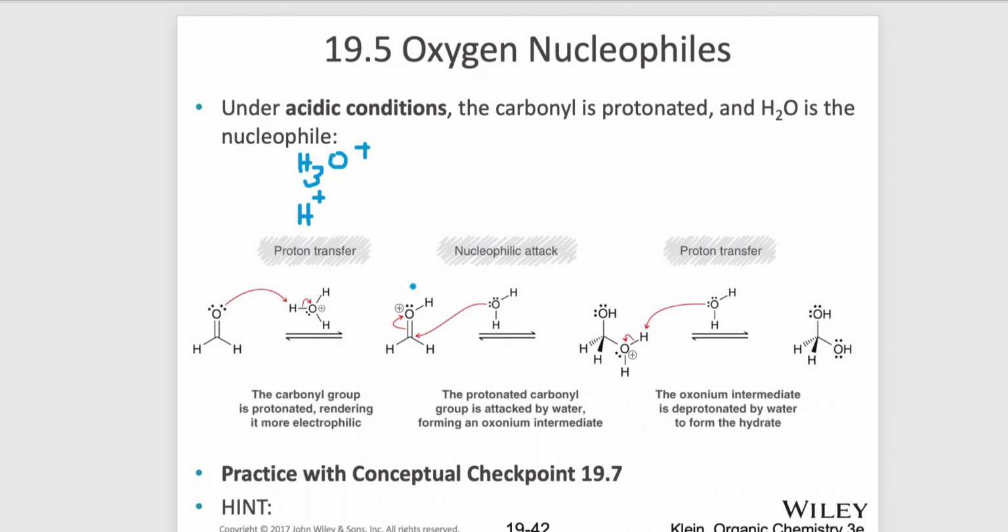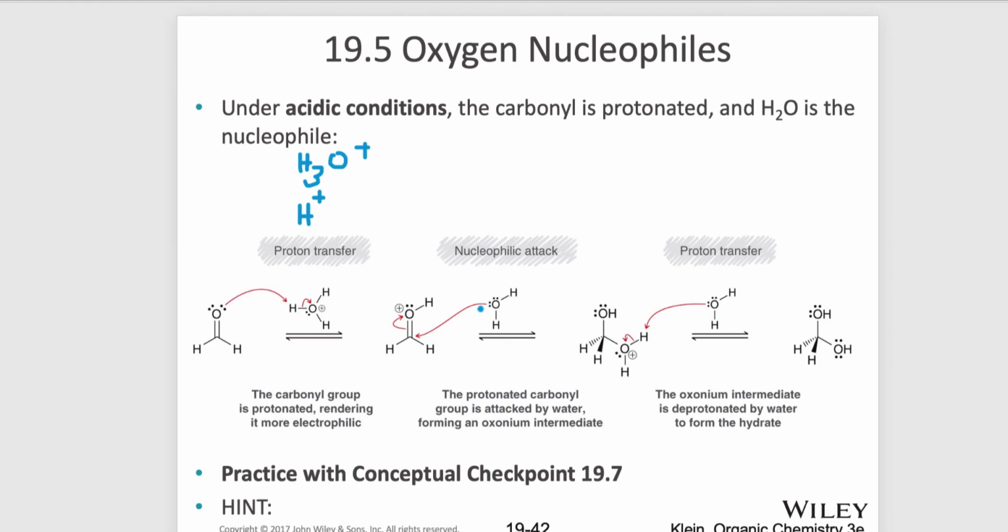We then have this structure over here. This now makes it more susceptible to a nucleophilic attack, even by a weak nucleophile, in this case a neutral water molecule. It's going to attack and break open this bond. We have a tetrahedral intermediate. At the same time, the water molecule has turned into this kind of bonding pattern.